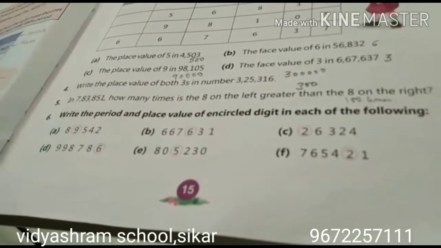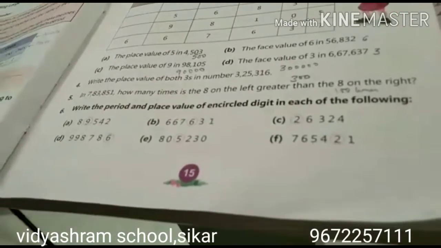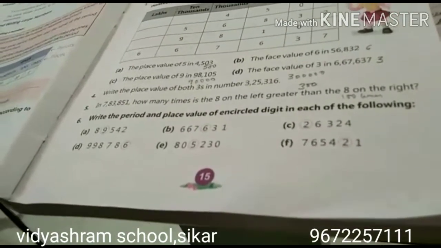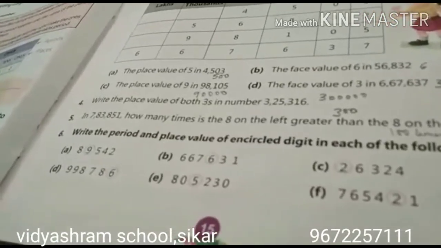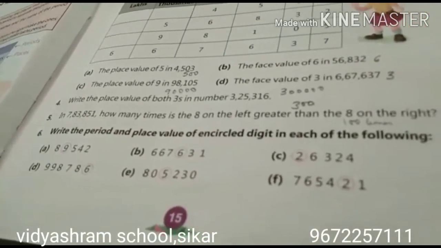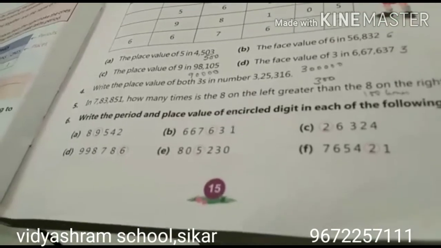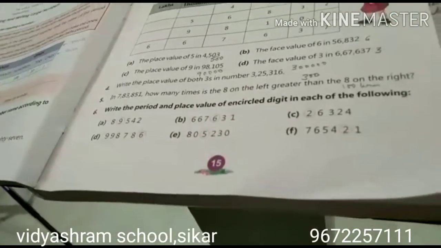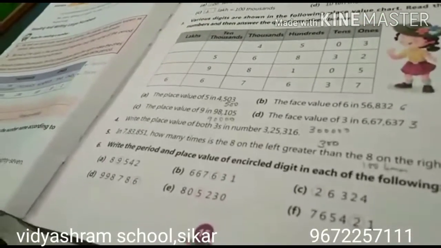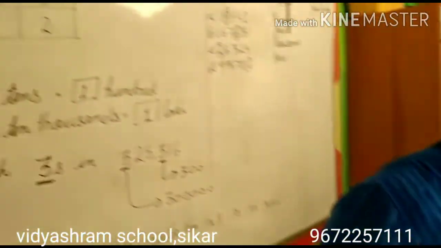When we were doing the Indian number system and the international one, I told you what the periods are and what we have to call them. So see here, we will solve parts A, B, C on the blackboard for you.